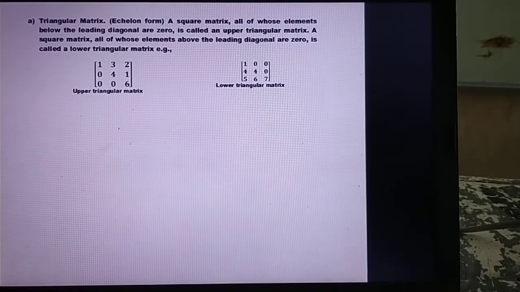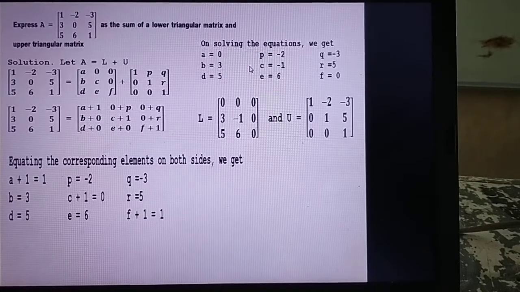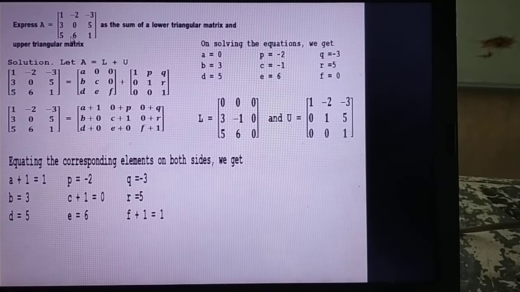Okay, in order to arrive at these forms of upper triangular and lower triangular, we have to equate the given matrix to, let's say, this form, which is the lower triangular, and this form, which will be our upper triangular, representing the variables A, B, C, D, E, F for lower.